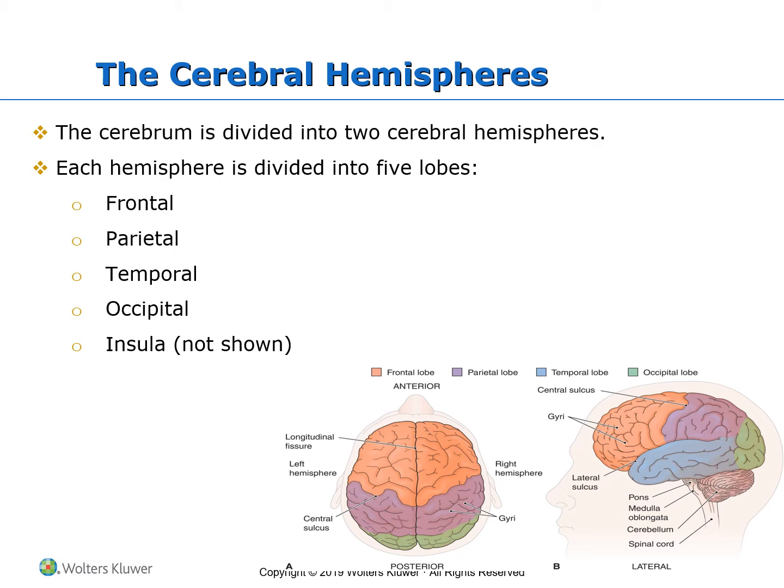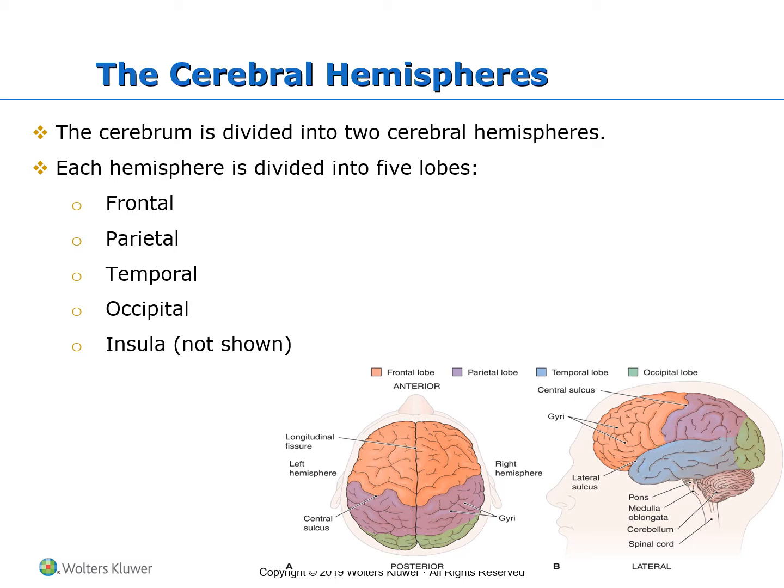Each hemisphere is divided into four obvious and visible lobes, and the lobes are named by the overlying cranial bones. So we have the frontal lobe that corresponds to the frontal bone, the parietal lobe that corresponds to the parietal bones, and the temporal and occipital lobes that respectively correspond to the temporal and occipital bones.